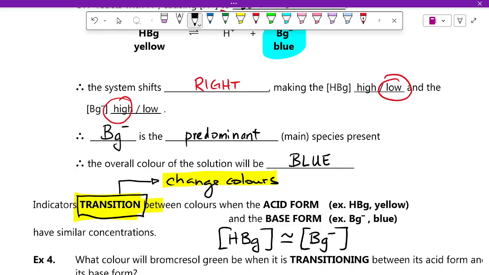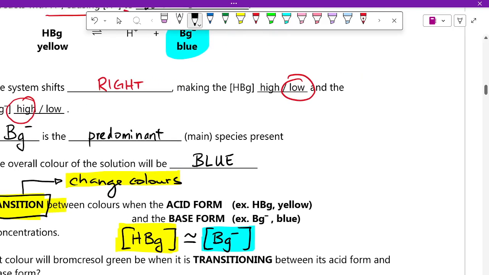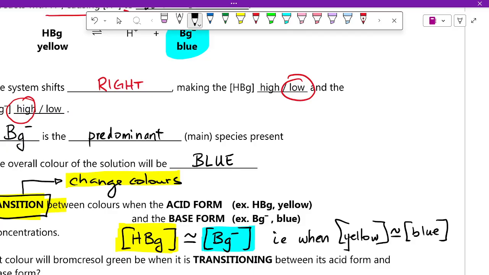In other words, when the concentration of yellow is approximately equal to the concentration of blue, because when you have the same number of molecules of each, you will end up with green.